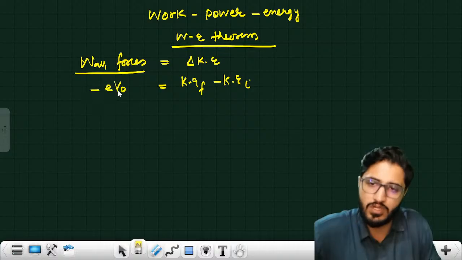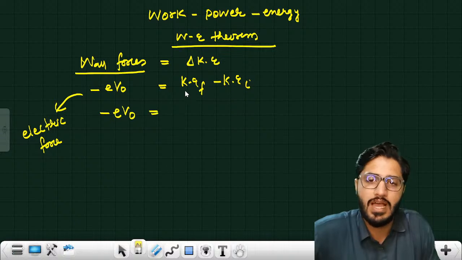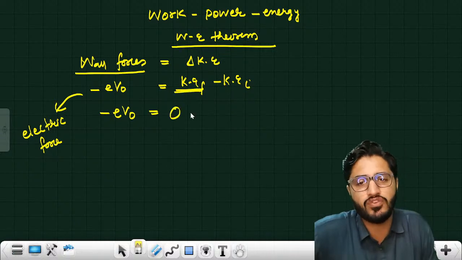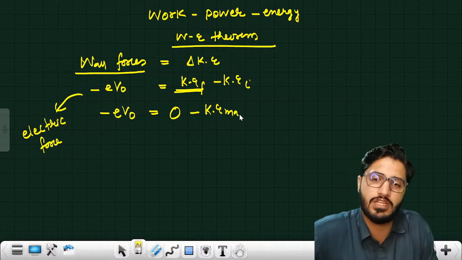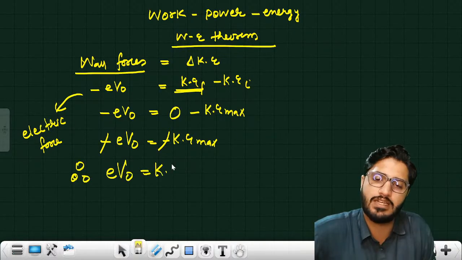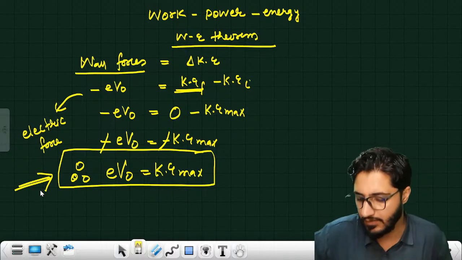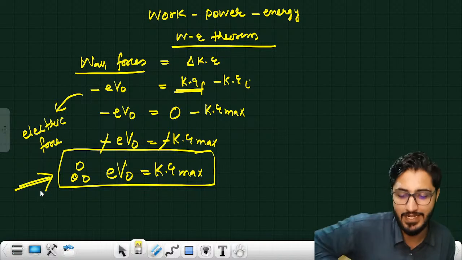Do you know why? Work done by electric force. I will write here minus EV naught equals, at the end my electron stops, that means 0, 0 minus kinetic energy max. Initially it was at max, right? So minus EV naught equals minus kinetic energy max. So cancel out. Therefore, EV naught equals kinetic energy max. This equation you need to remember, that EV naught equals kinetic energy max.